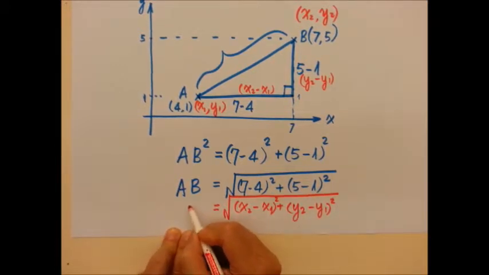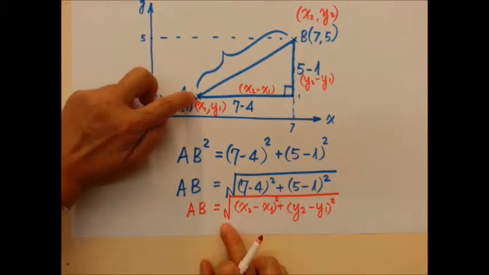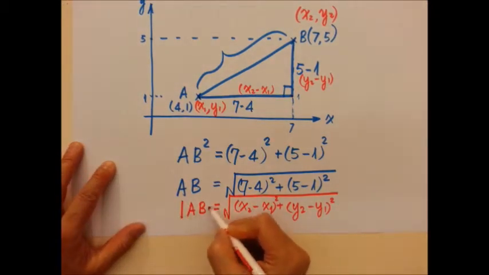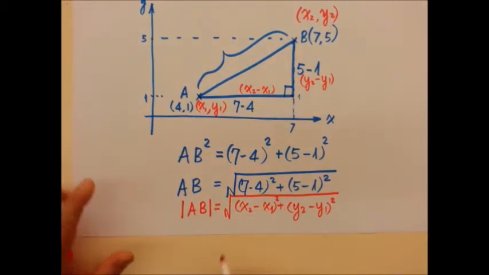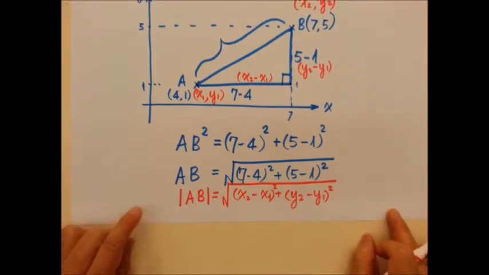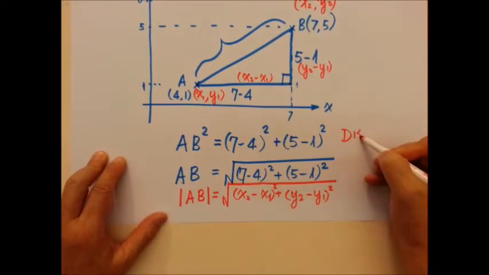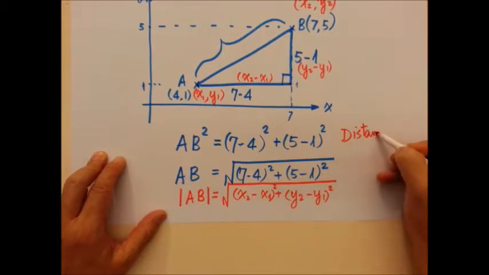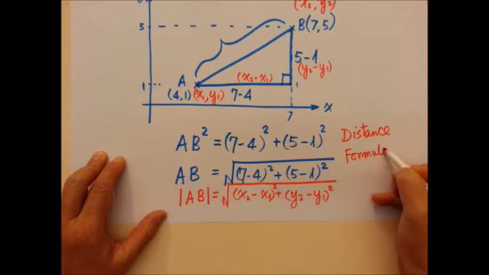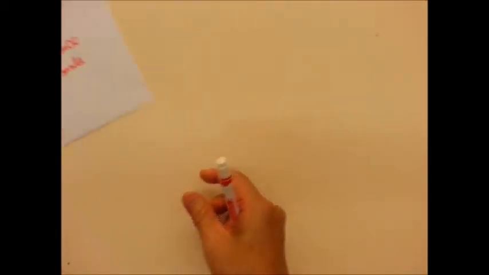It becomes the length of AB, the distance between A and B. And sometimes we write the symbol like this. Sometimes we drop it out, just AB. So this is the distance formula.